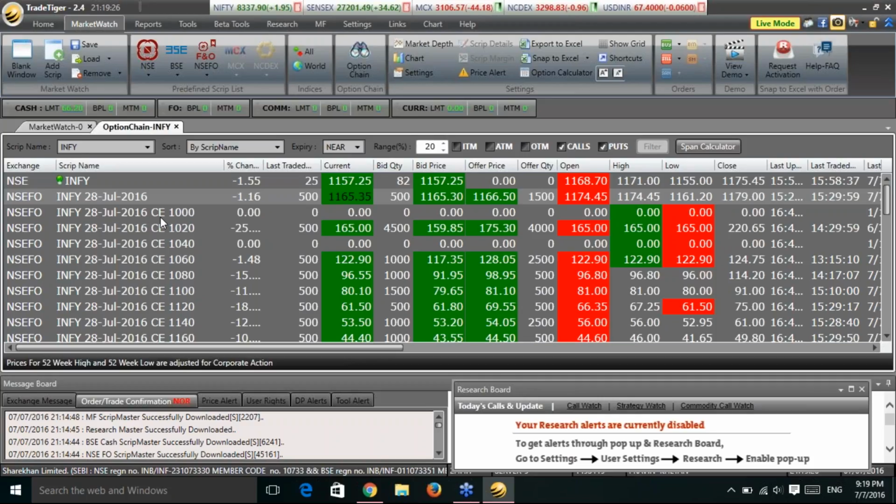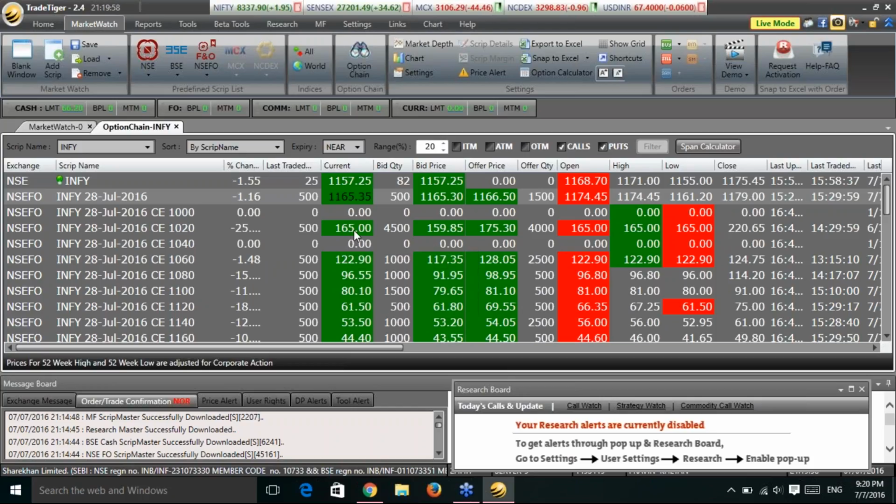Okay, and we have the strike price. This is 1000. The current market price is 1157, and if you want to buy the underlying share or stock at a lower price, you put the strike price at 1000, or you can go for 1020. If you are buying the 1020 strike price, you have to pay 165 as the premium.